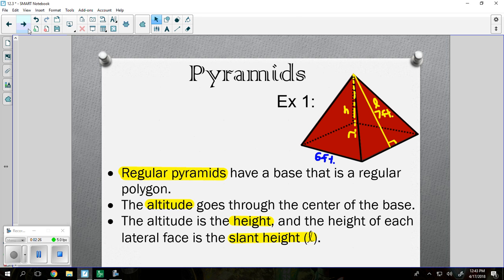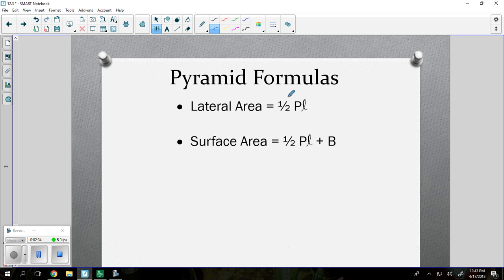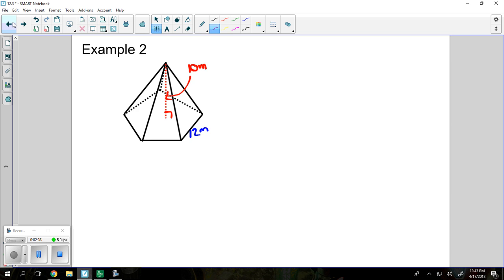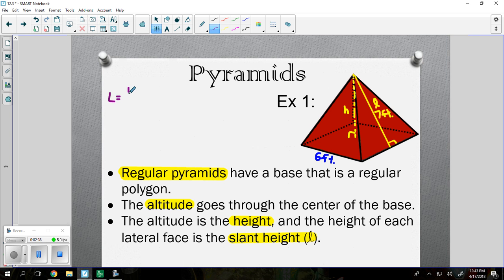So I'm going to go back to this one. Example 1, we're going to find both things. So our lateral area is, again, looking back, a half perimeter times slant height. And the key is here, it's a regular pyramid. The directions will all be like that. So reminder, if it's regular, it's equilateral, so all of those sides have to be the same.